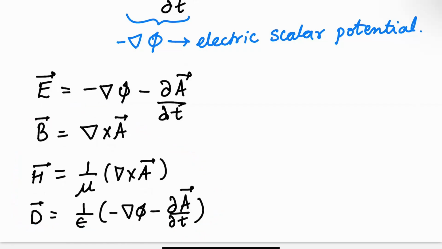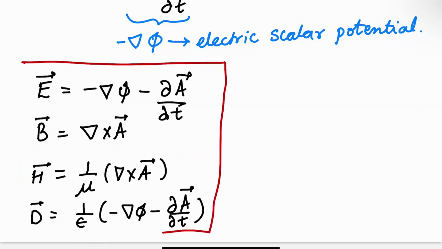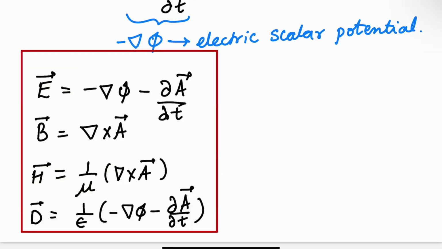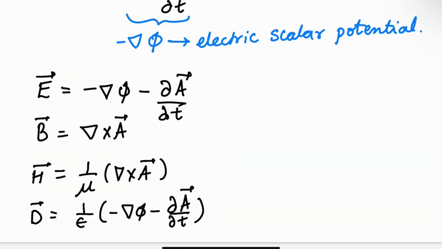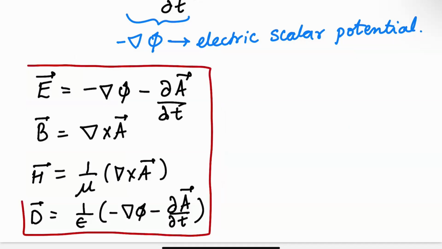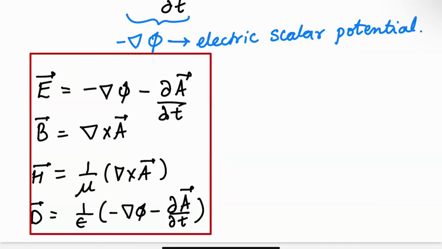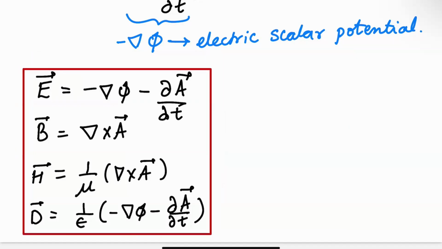Okay, so these relations are the relationships between the fields E, B, H and D with the potentials, right? Just make the square again. Okay.